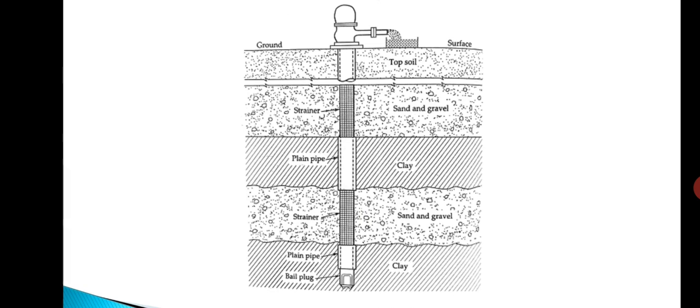In case of a cavity type tube well, the pipe is plain pipe, but in case of a screen type tube well, it is a combination of strainer and plain pipe.